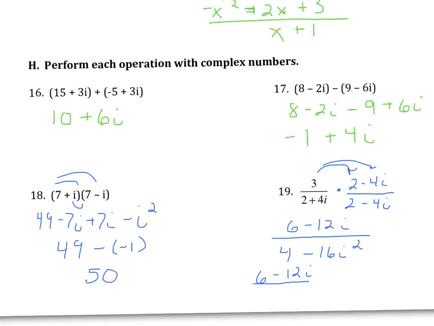That negative 1 will turn into a positive 16, so that's just over 20. And then we can reduce our final answer, since it looks like 2 goes into everything, to 3 minus 6i all over 10.